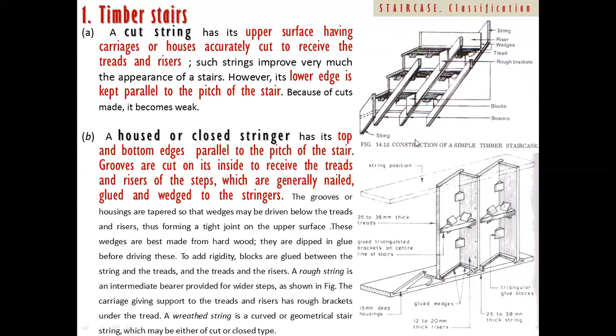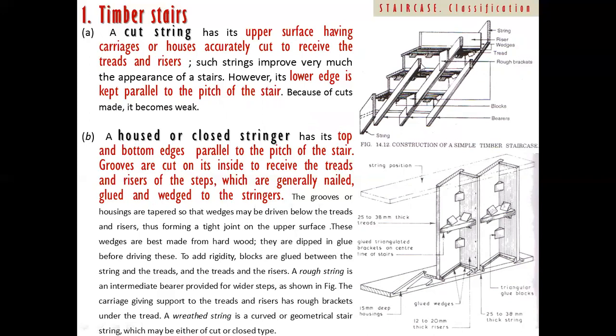So you can see on this side and on this side, and this is called a bearer, to provide strength at the middle portion. So you can imagine if the timber staircase width is 90 centimeter, in between you can place one bearer so that this particular portion should not get bent.